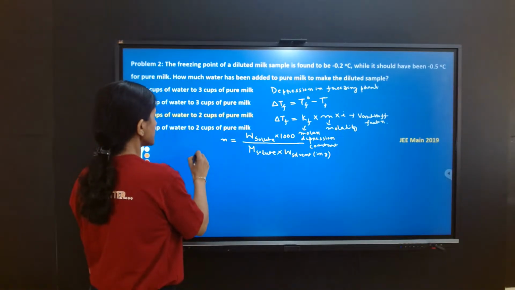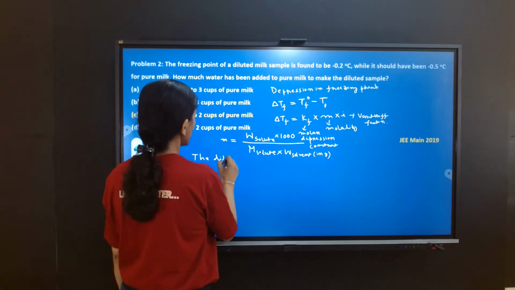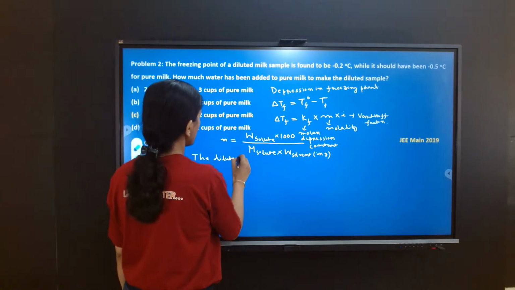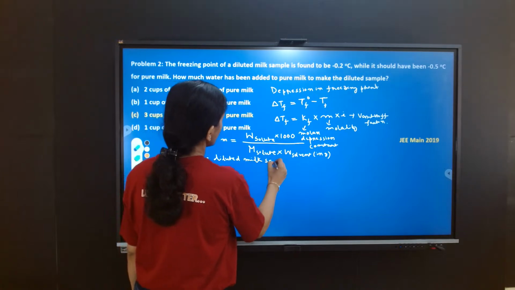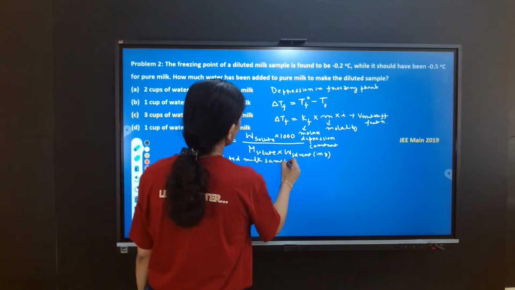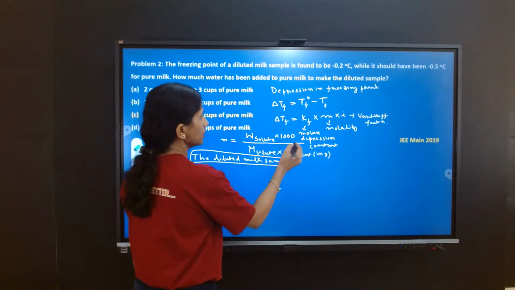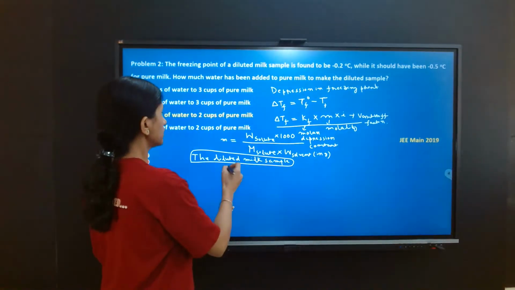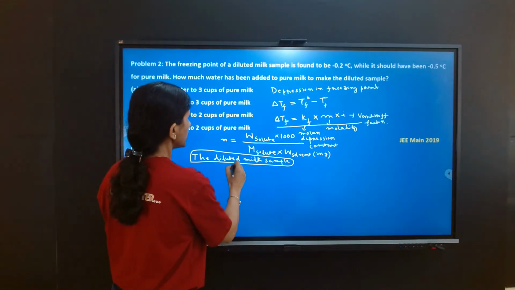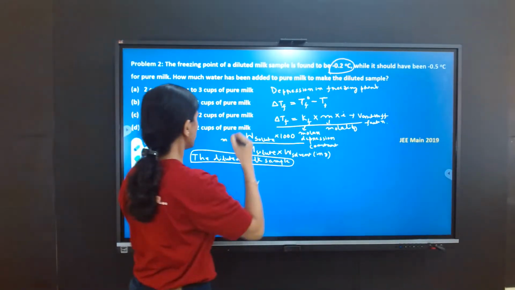Now, let's consider the diluted solution, the diluted milk sample. So, using the formula that I have written here, what can we write? So, delta TF, from here we will be able to solve.